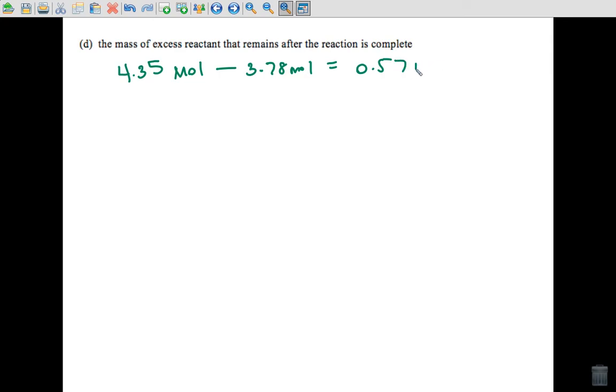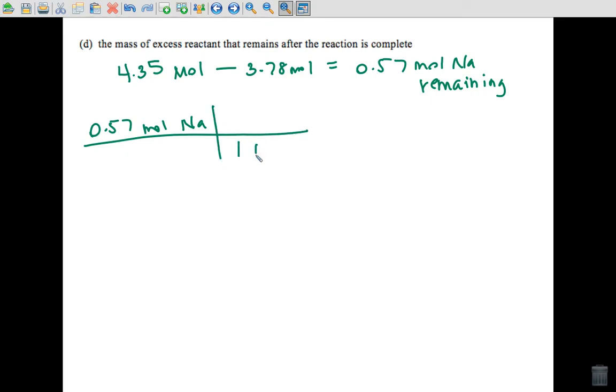That gives me 0.57 moles of Na remaining. And then to get the mass, I take 0.57 moles Na and use the molar mass of Na, which is 23, to change that to grams. I multiply and I get 13.11 grams.